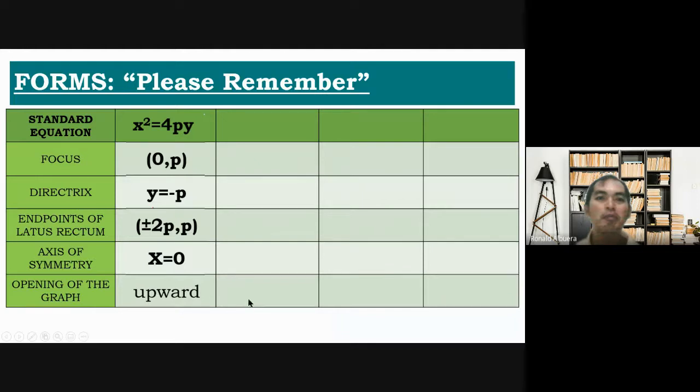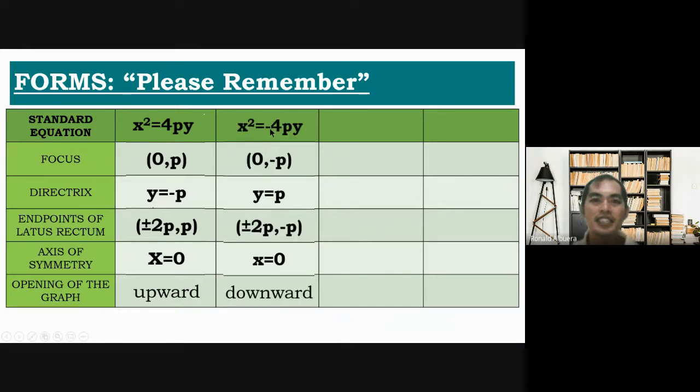How about if it's downward? It's only the sign. The sign of the right side is negative. This sign is the representation of the opening of the graph, downward. So the focus is (0, negative p). Y equals p is the directrix.